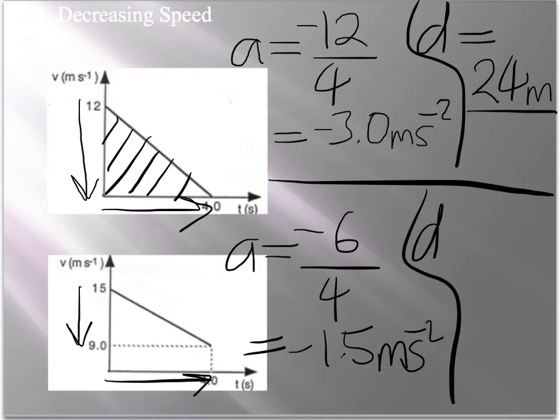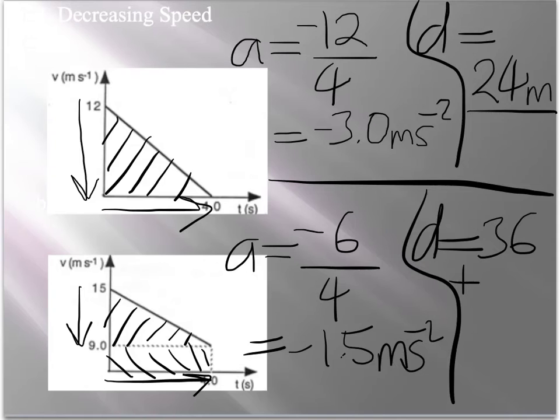For the distance, it's the area under the graph. Again, it's this triangle here plus this rectangle there. So we need to add that. So 9 times 4 is 36 for the rectangle, that's straightforward, and the triangle 6 times 4 times a half, base times height, so it'll be 12, so we get 48 meters for that.